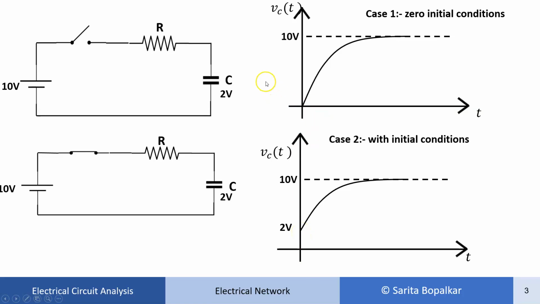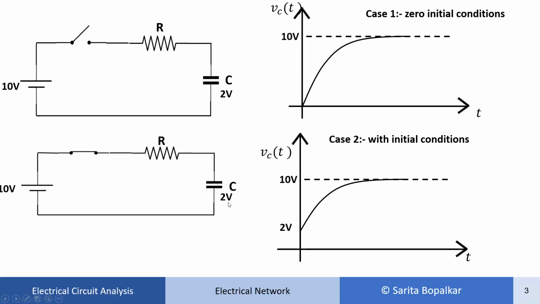That means with zero initial conditions, if the capacitor is not charged before closing the switch, the voltage starts increasing from 0, and here it starts increasing from the initial condition, whatever charge was developed across the capacitor before switching.